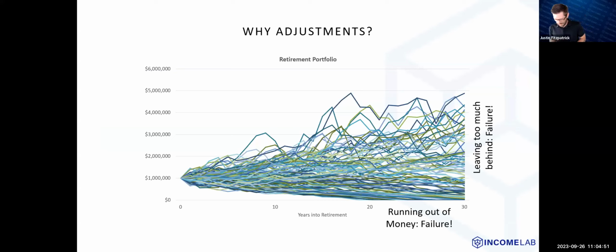Okay, so why adjustments? I think the key behind this idea that retirement income planning is really about an ongoing management and guidance process is that if you set someone off on their retirement journey, spending a certain amount or following a certain spending plan, then you get this incredible array of possible outcomes, many of which I think you could reasonably call failure.